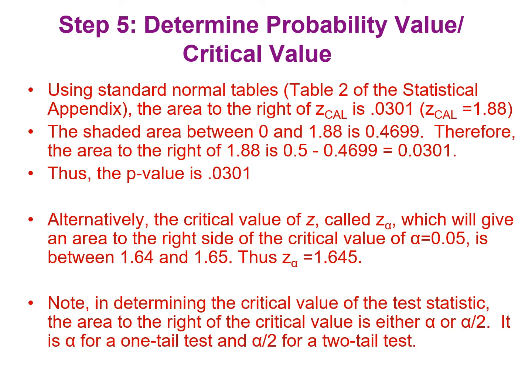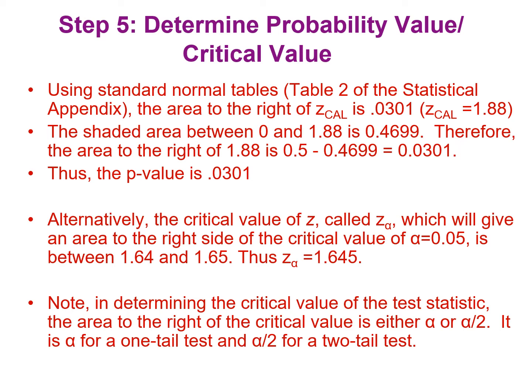Then we find the probability value or critical value. We compare this calculated value of Z with the tabulated value at either 5% level of significance or 1% level of significance. If the calculated value is less than the tabulated value, we accept the null hypothesis, or if the calculated value is greater than the tabulated value, we reject the null hypothesis.